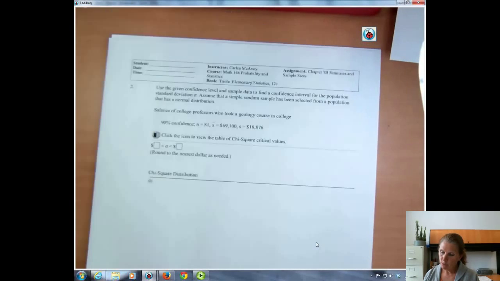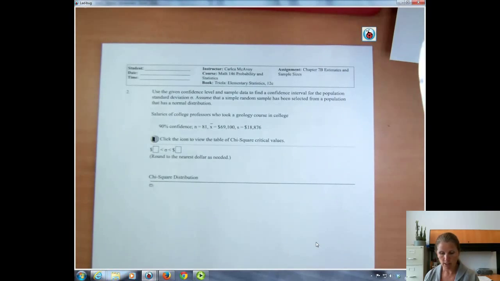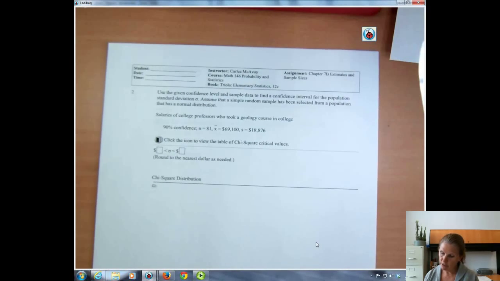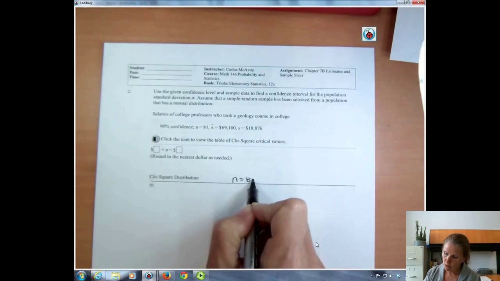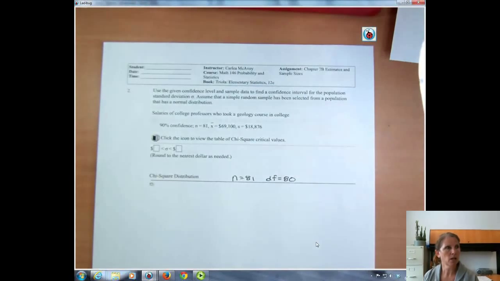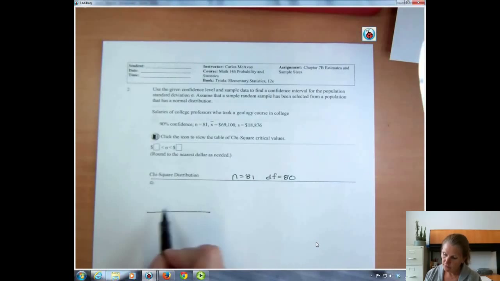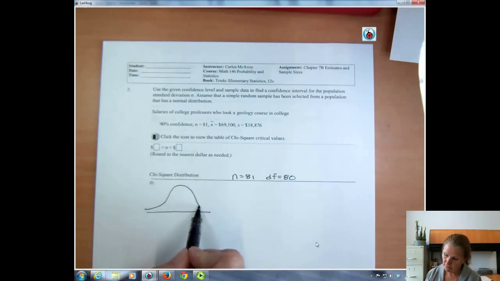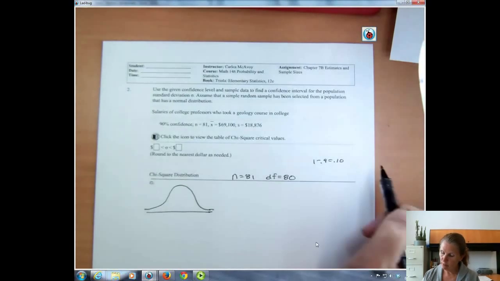Okay, the next one, number 2, is asking you to do the same thing. We have an n of 81. If n equals 81, then our degrees of freedom are 80, right? We have a 90% confidence level. 90% confidence level means I have 10% in the 2 areas, because 1 minus 0.9 is 10% in the 2 areas.